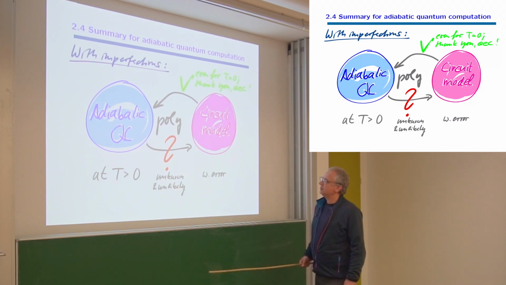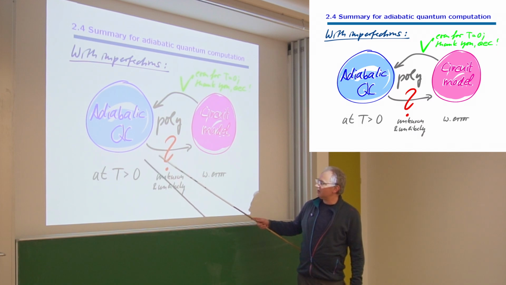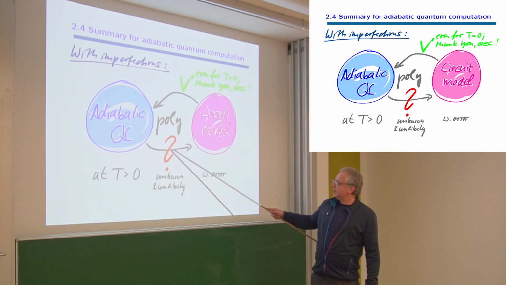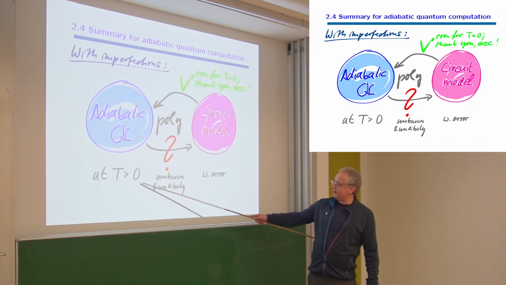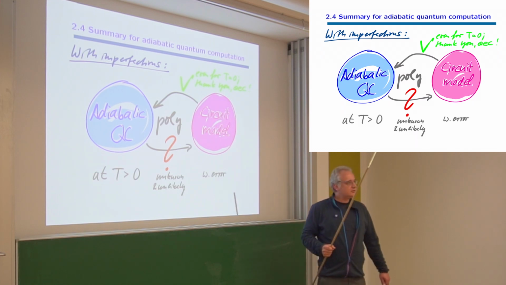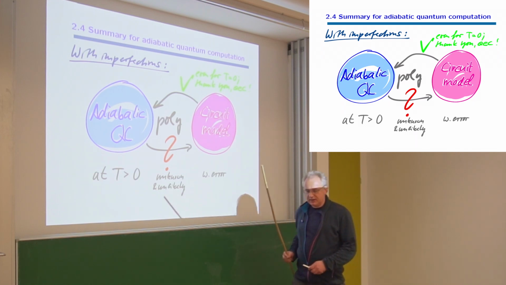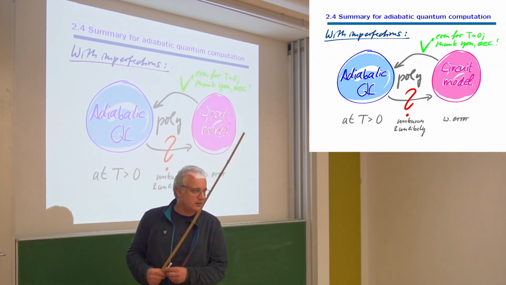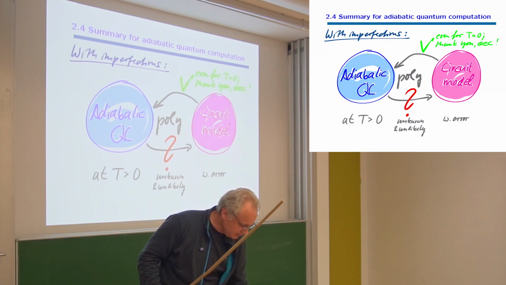So you lose computational power in this model. At finite temperature, it is unclear whether it can simulate the circuit model, and it is expected that it cannot. But there's no proof of that at the moment.